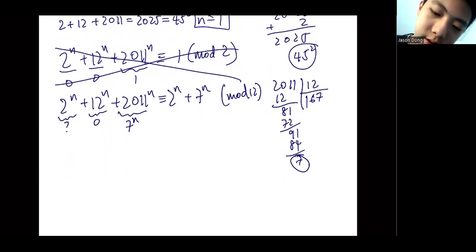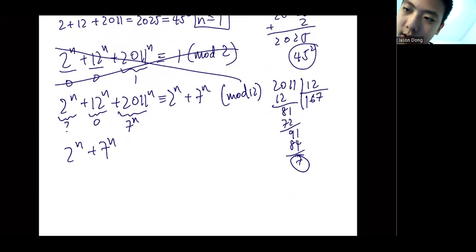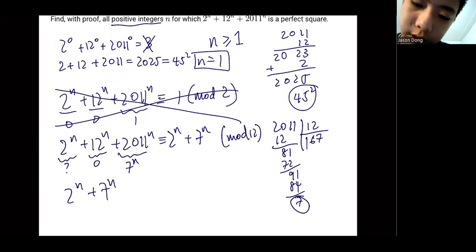We need to determine whether 2^n + 7^n can be a perfect square, whether one exists, or whether it's impossible to have any perfect square. Because we have smaller values of n, it's way easier to work with these.